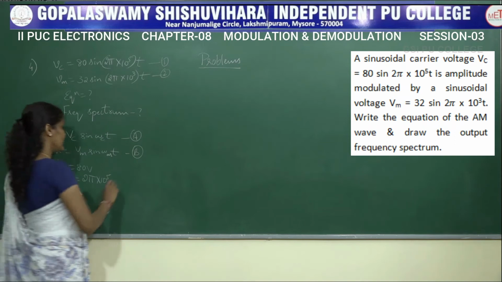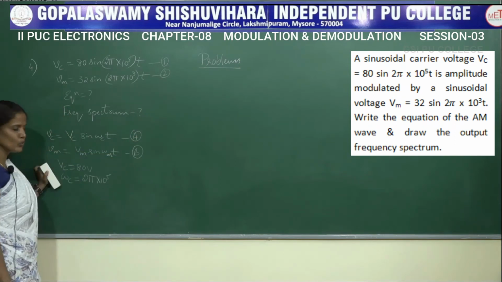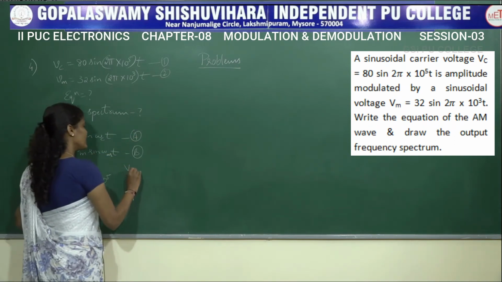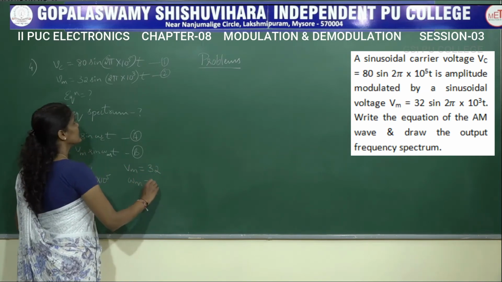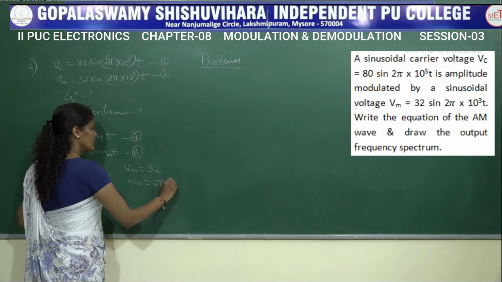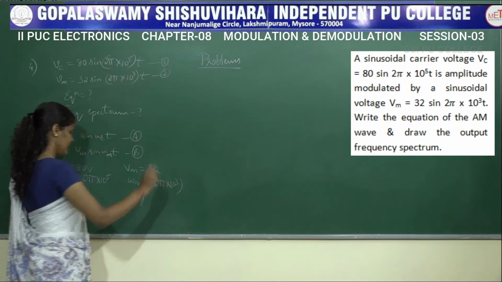Similarly, comparing 2 and B, in place of Vm we have 32 and omega m is 2 pi into 10 to the power of 3.